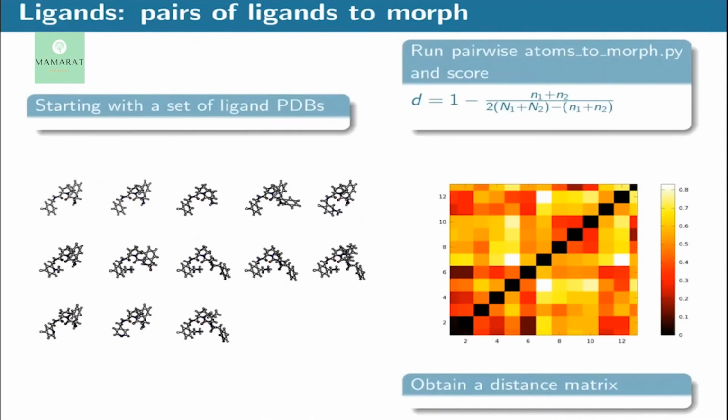For example, if we have a network of compounds, a compound library that looks like this, visualized, we would like to know which ligand we would like to mutate into which, so that we cover all this chemical library. So we build a pairwise matrix based on the distances that our algorithm calculates intrinsically, and devises a distance matrix.